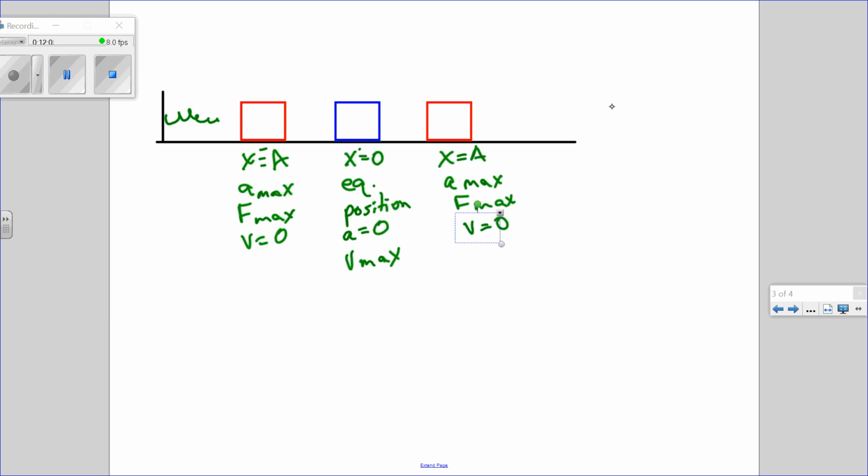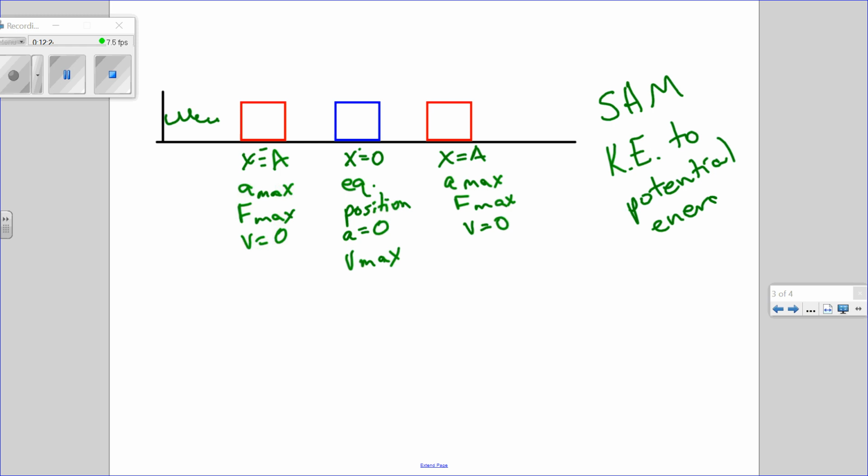Now, in simple harmonic motion, we know that the energy goes between kinetic energy and potential energy during this whole transition.